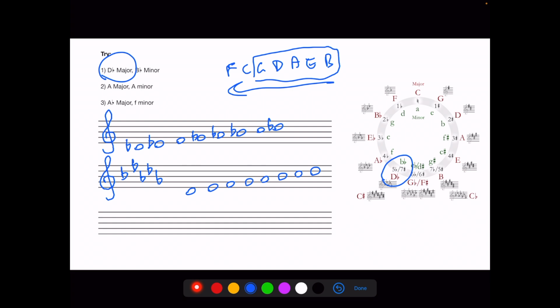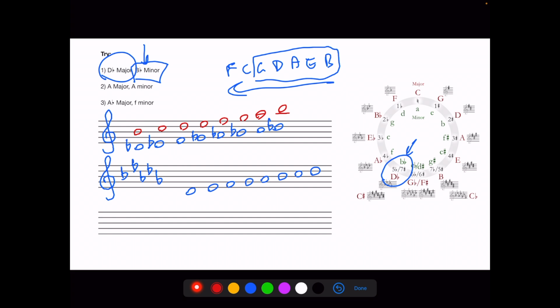And B flat minor here is actually going to be the same because D flat is the relative major of B flat minor. So it's going to be the same, except that you're going to start from the B flat. So B, C, D, E, F, G, A, and B. I'm just being lazy here, not writing on a separate line.